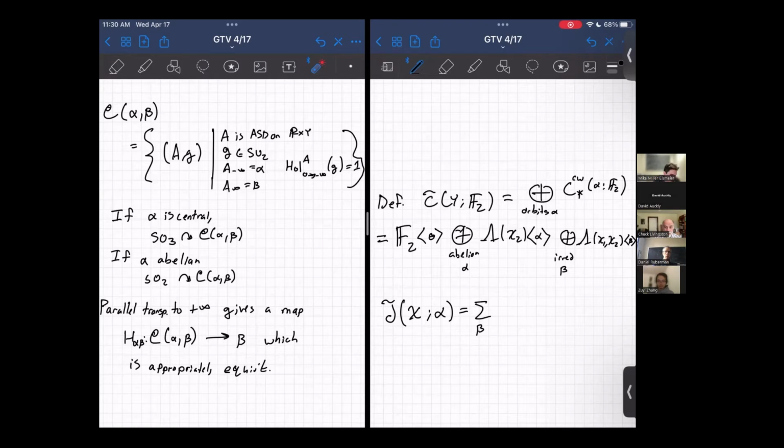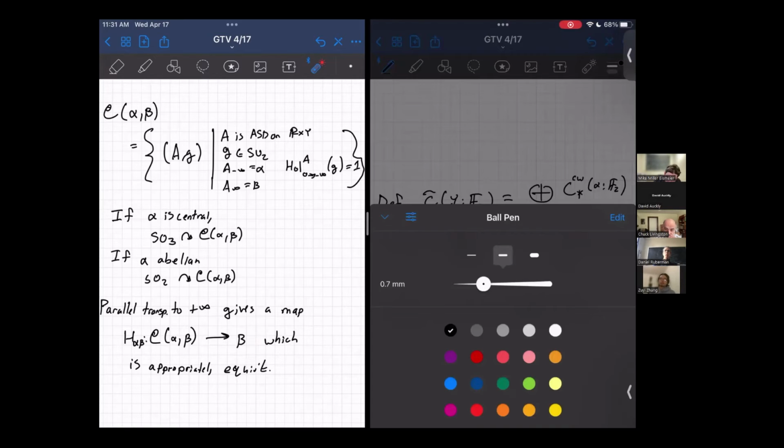And the differential is given by just taking chi multiplied by the cellular fundamental class.